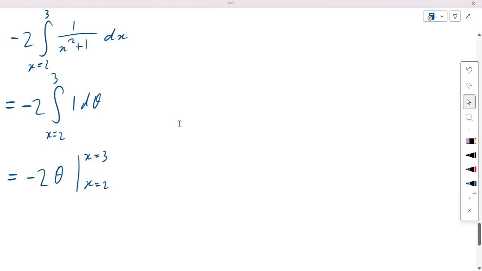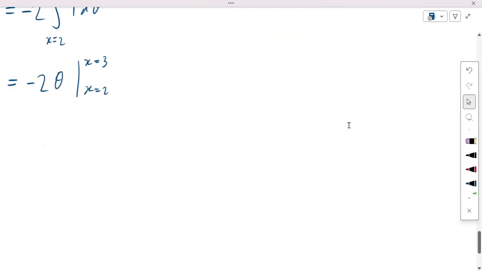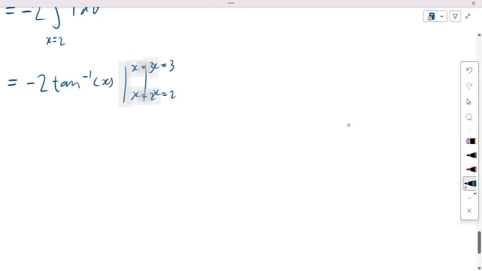Okay, and then what we note over here is that we know that θ is equal to arctangent of x. Okay, so I'm going to move this here. So this is going to be 2 arctangent of x. Okay, then we're just going to evaluate that quickly.